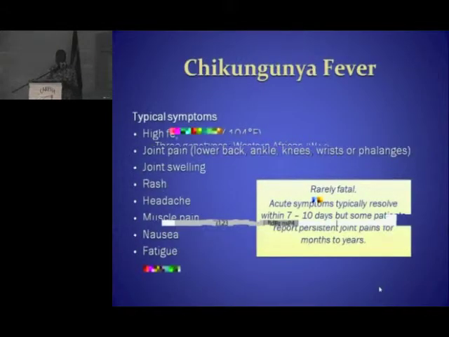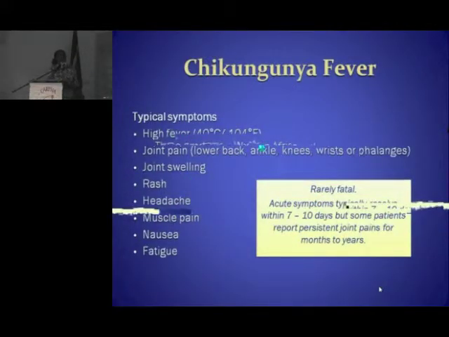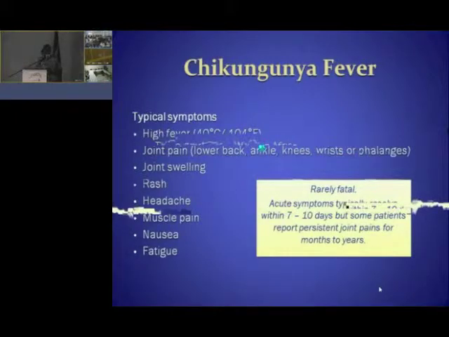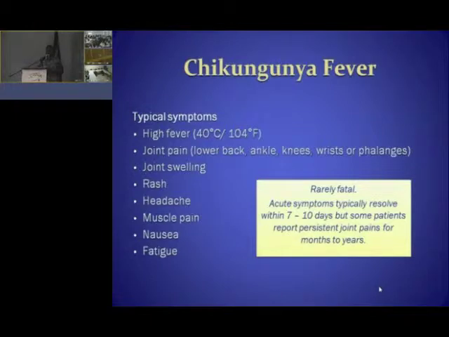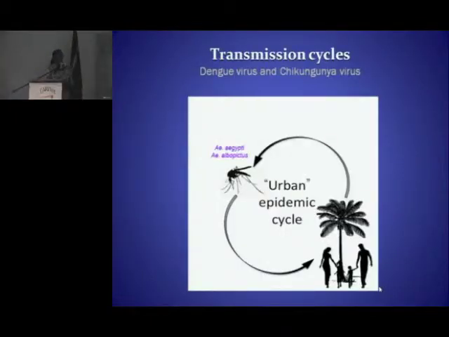So the typical symptoms of chikungunya fever are high fever, joint pain, joint swelling, rash, headache, muscle pain, etc. It's rarely fatal, unlike dengue, which can be life-threatening. The acute symptoms typically resolve in a short period of time, but there are cases of people who experience persistent joint pain for months or even years after.